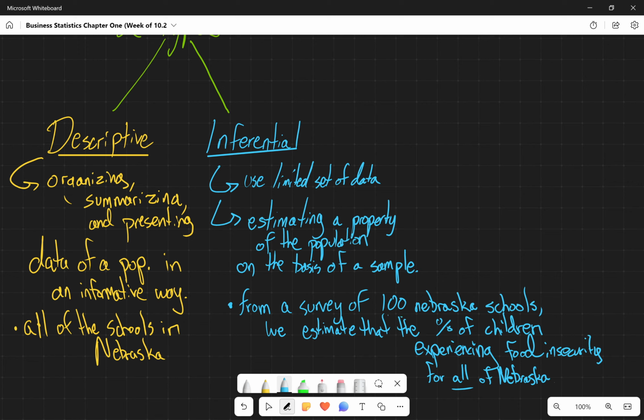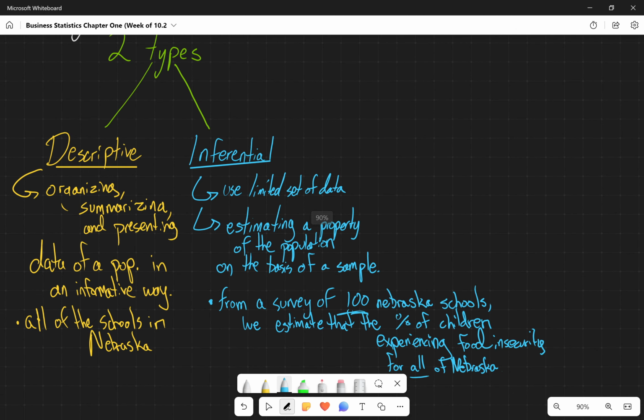So we only survey the 100 Nebraskan schools instead of the hundreds that there are, right? And we estimate from that survey. So that's going to be an inferential statistic rather than a descriptive statistic.